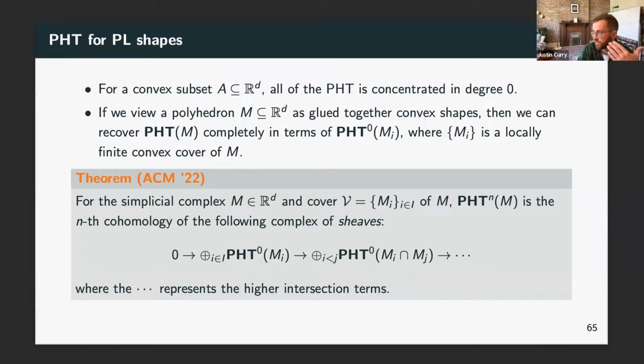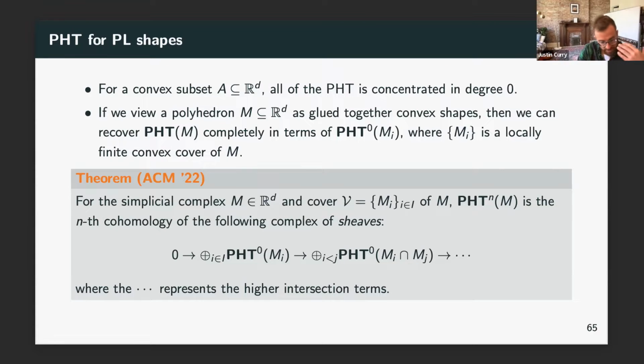And so first of all, essentially the good cover condition guarantees that there's not really any interesting sheaf cohomology when you then run the computation.